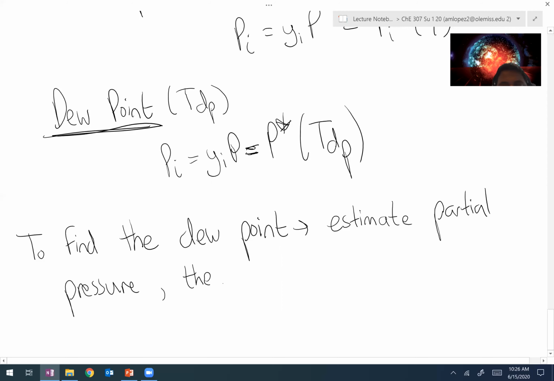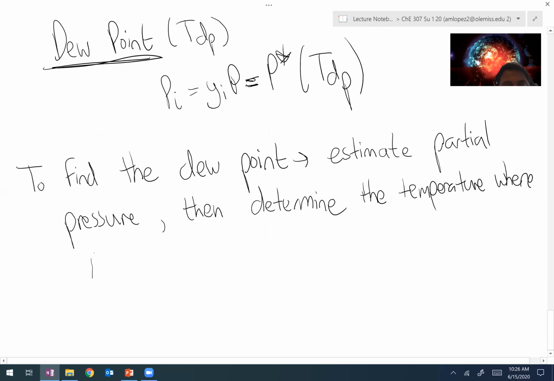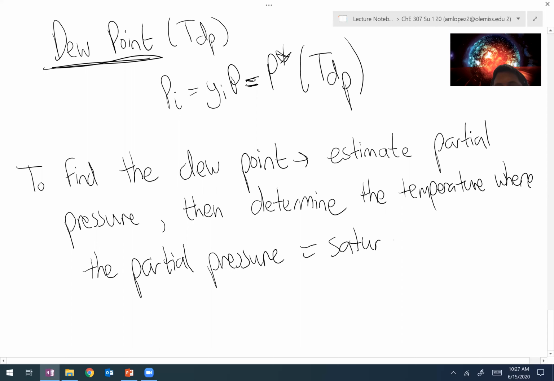Then determine the temperature where that partial pressure equals the saturation pressure.